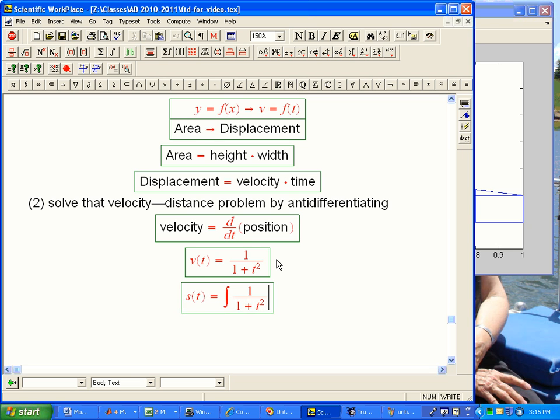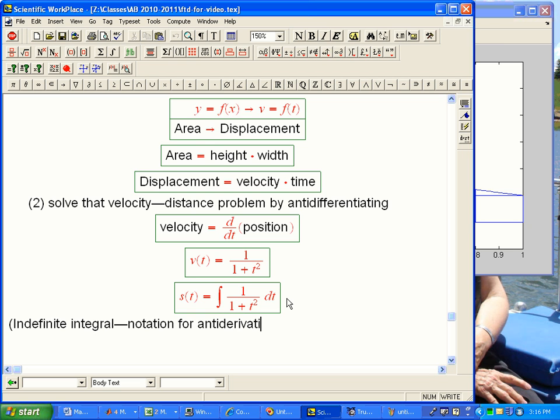And then we put a strange thing. We put a dt. Remember that differential? The differential notation? We put those in here, and we'll talk about exactly why we do that. I'm going to put a little space to make it prettier. And this is called an indefinite integral. And it's just a notation for an antiderivative that's going to match up with notations for area problems and the other strategy, the rectangle method strategy.